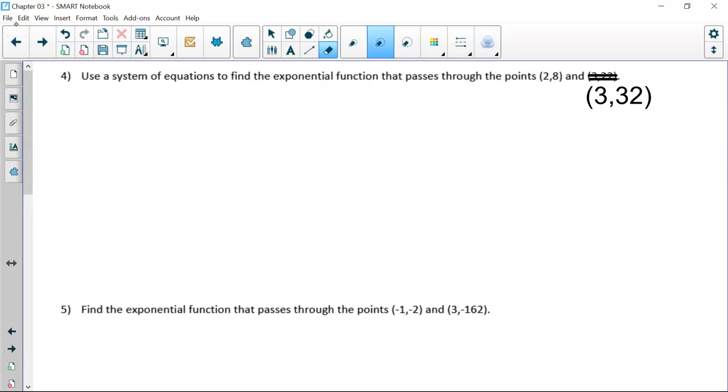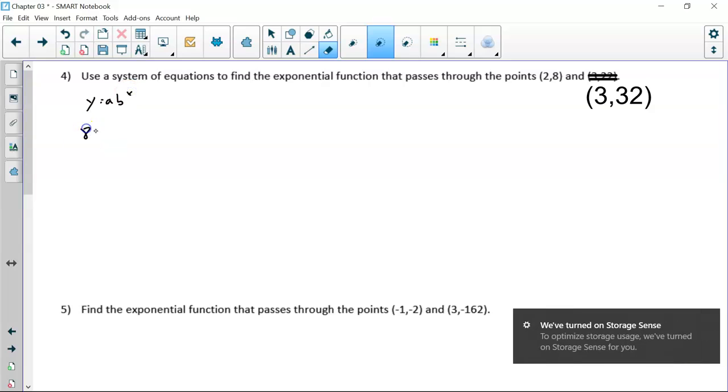So now, 2, 8, and 3, 32. So y equals a times b to the x. So 8 equals a times b squared. The other equation, 32 equals a times b to the third.